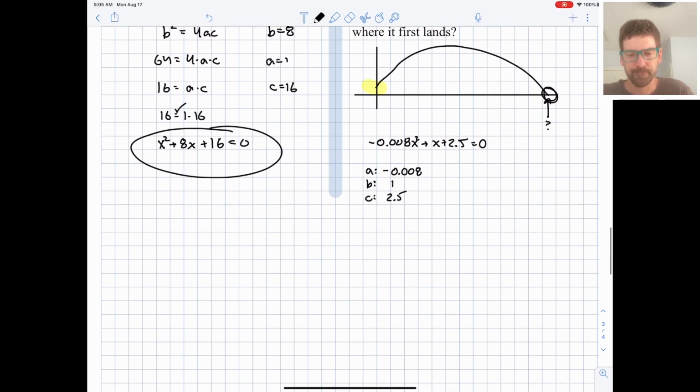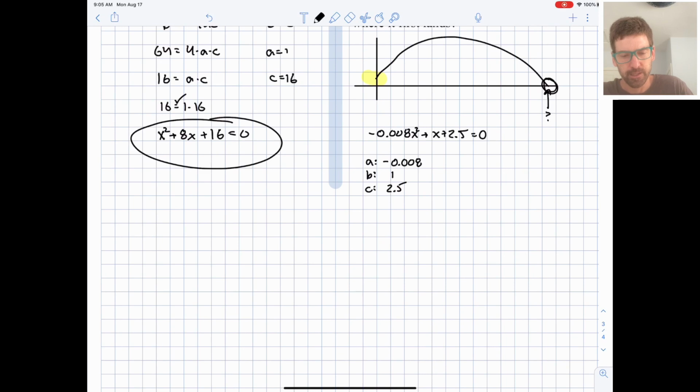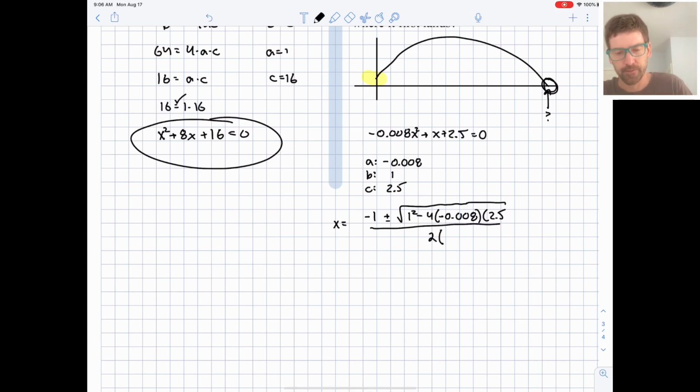Decimals are okay. So let's plug it in, and we just want to be careful with our negatives, and not try to do too much in our head. b squared is 1 squared, minus 4 times negative 0.008 times c, and that's all over 2a. Excuse me, I was doing 2b; it's 2 times negative 0.008.